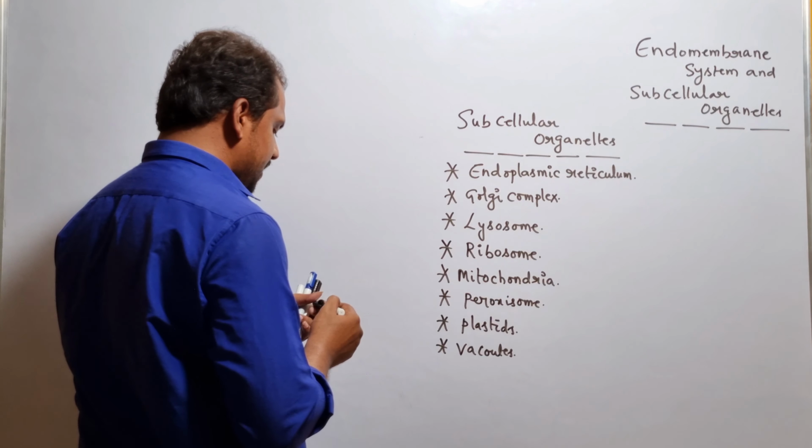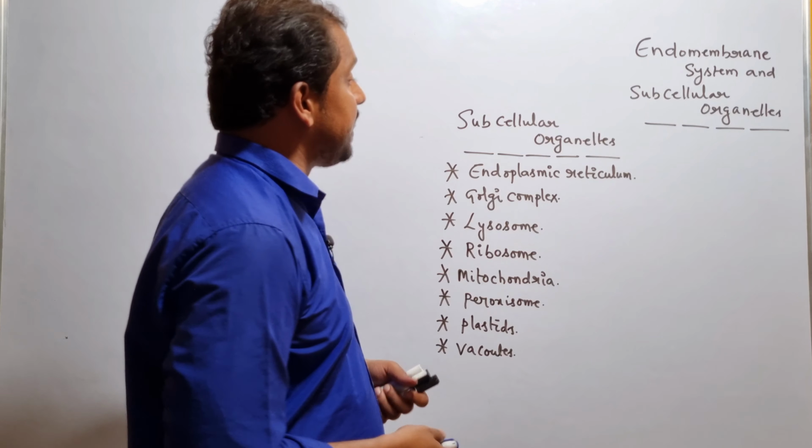All these are the subcellular organelles most commonly present within the cytoplasm of the eukaryotic cell.